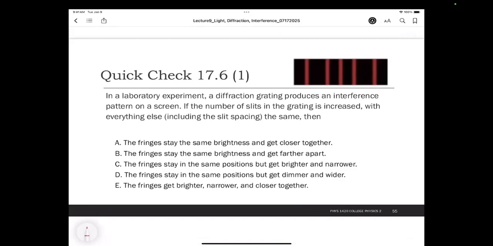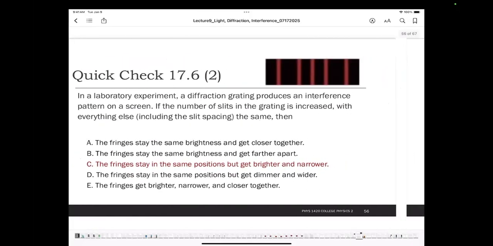If the number of slits increases, the fringes will be brighter but narrower. The fringes stay in the same position but get brighter and narrower. So C is the right answer. Does it make sense to you? Okay, the answer is C.